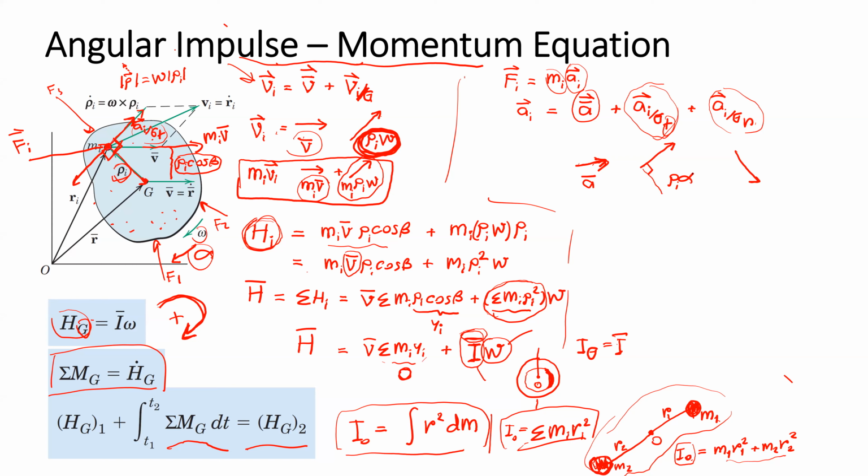Alpha rho will be the magnitude of the tangential acceleration. For the normal acceleration, omega square rho_i will be the magnitude of the normal acceleration.